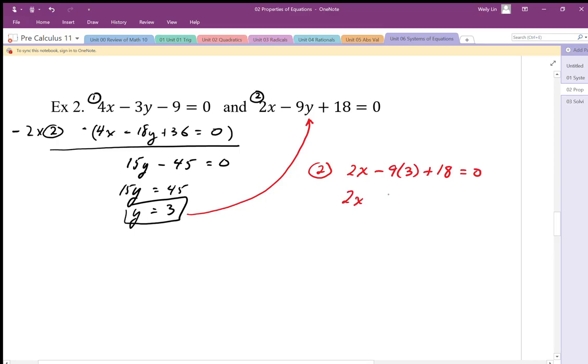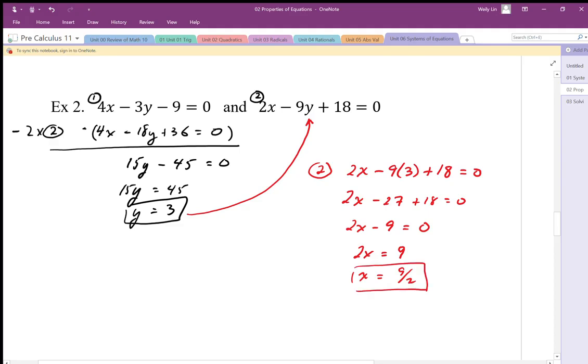So 2x minus 27 plus 18 equals 0. 2x minus 9 equals 0. Plus 9. Divide both sides by 2. So I end up with 9 over 2, or 4.5.